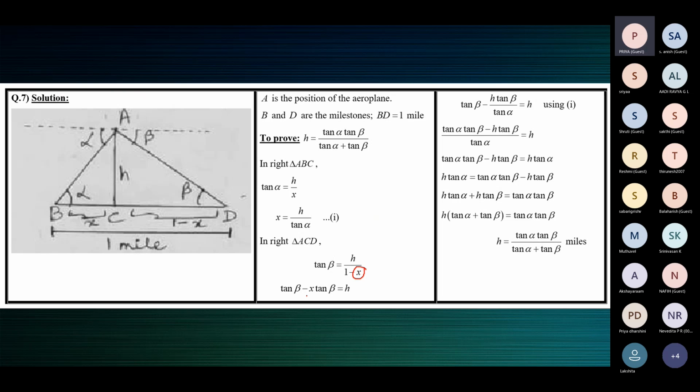Tan beta into 1 is tan beta, tan beta into x is minus x tan beta, is equal to h, upon cross multiplying.